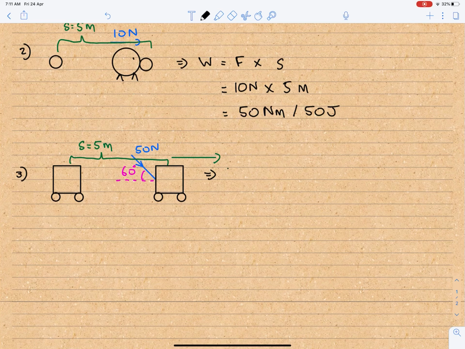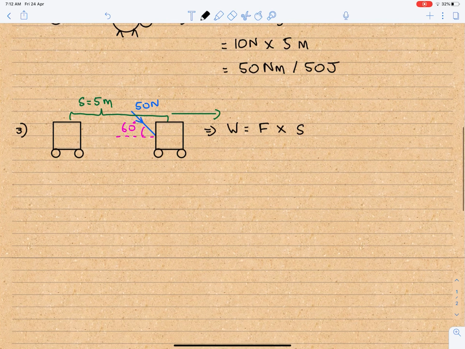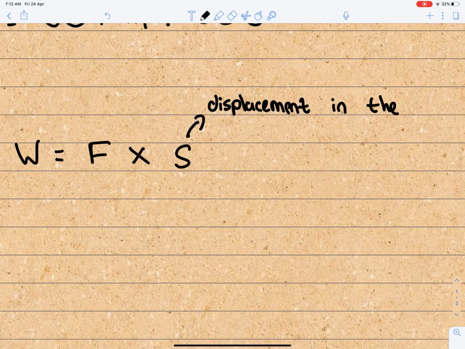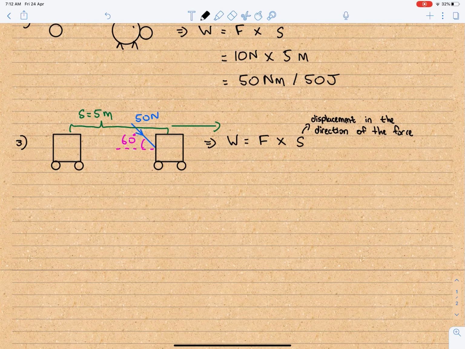So we have W is equal to F times S. But remember, when we talk about force, displacement is the displacement in the direction of the force. Meaning, the direction of displacement and force must be equal.